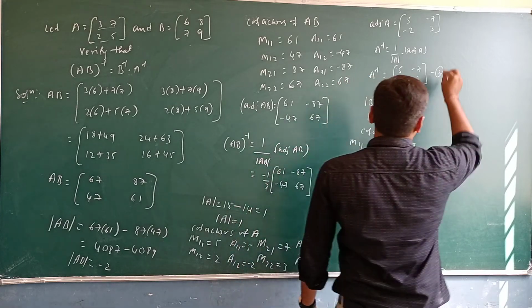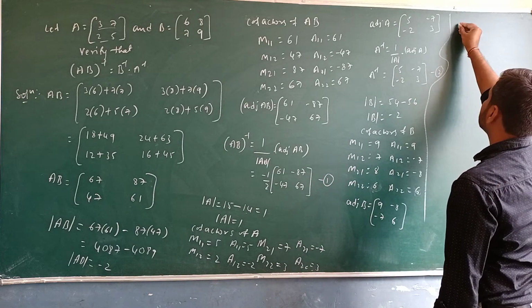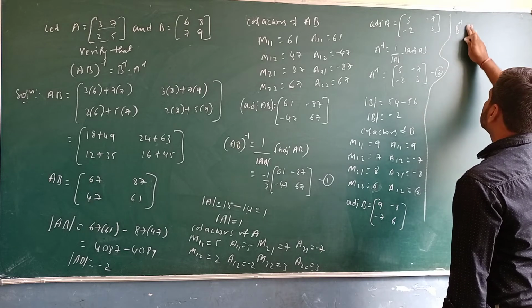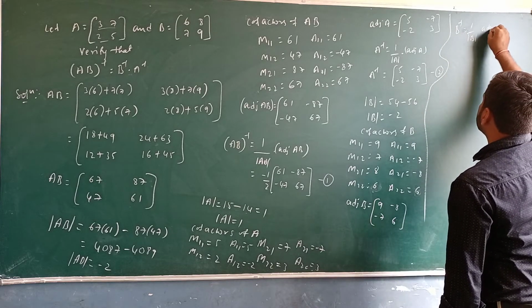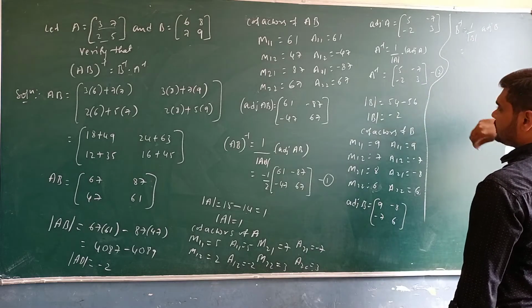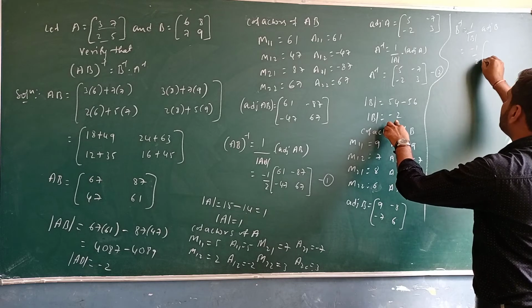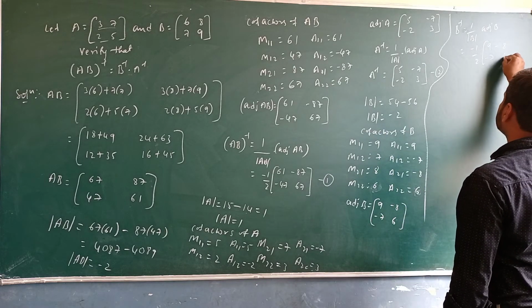Okay, so then B inverse is equal to 1 divided by determinant of B into adjoint of B. What's the 1 divided by determinant of B? So minus 1 divided by 2 into adjoint of B is equal to 9 minus 8 minus 7 6.